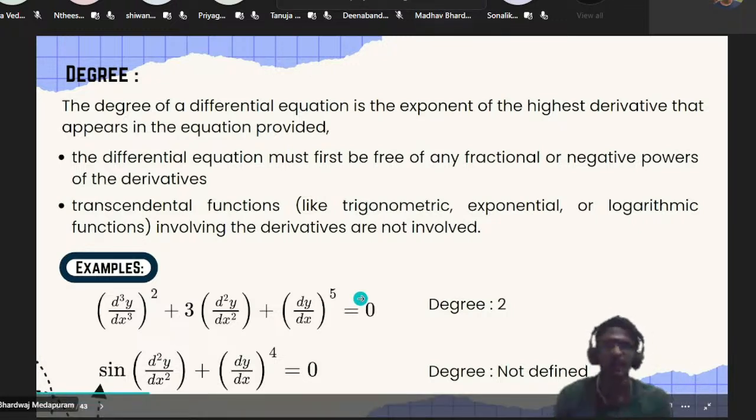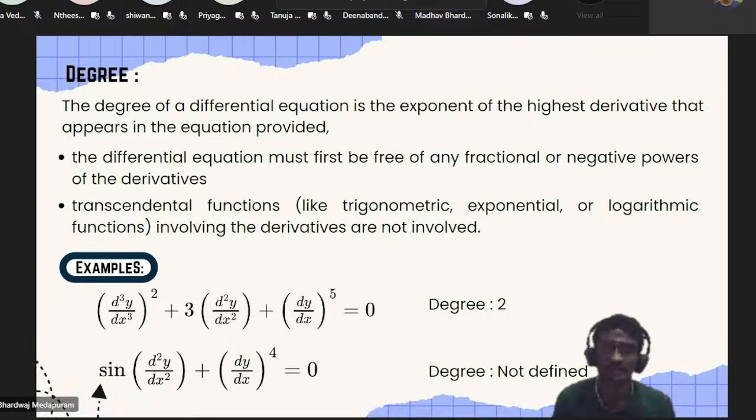And I want to mention here that the definition of degree is not complete, in the sense that we can always raise the equation to some power. For example, consider the differential equation y dash equal to x, that means dy by dx equal to x. We can always cube this differential equation to obtain y dash whole cube equal to x cube.